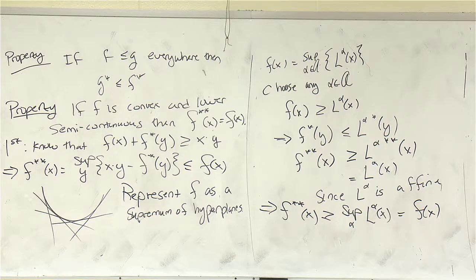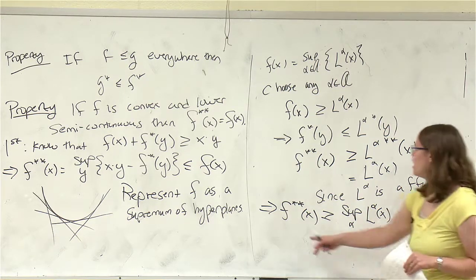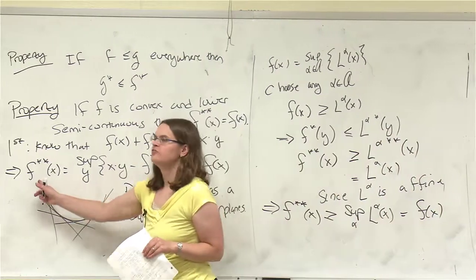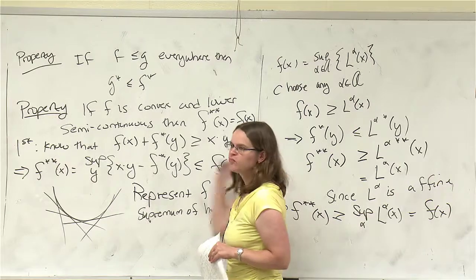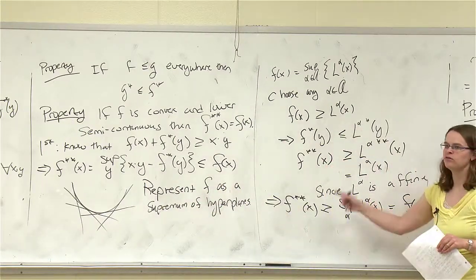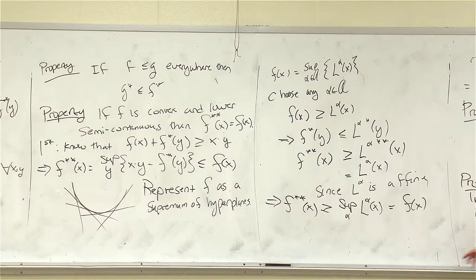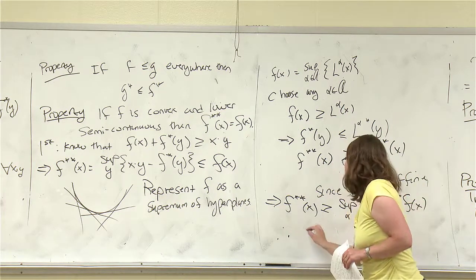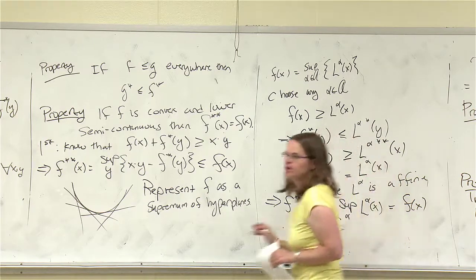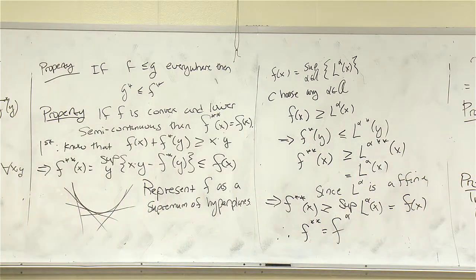So what do I have? f double star is less than f, and this property always holds. It doesn't matter what f is. And f double star is bigger than f, and this property only holds for convex f. Therefore, we conclude that f double star is indeed equal to f. So if you have a convex function, you do a double Legendre transform, you get back where you started.